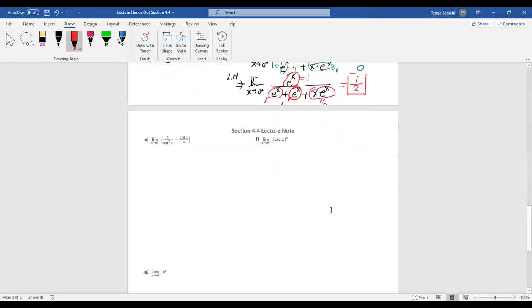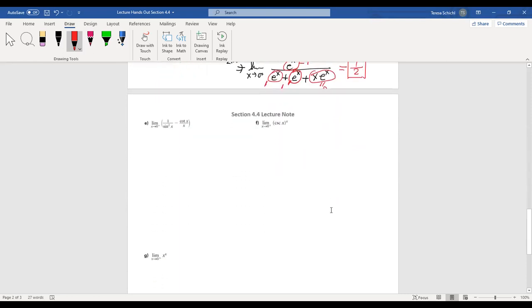Okay, now let's take a look at part E here. All right, let's see what we have here. Okay, x approaches 0. So this one here is going to approach what? Approach 0, right? So x approaches 0 here. So this whole thing approaches infinity, right?